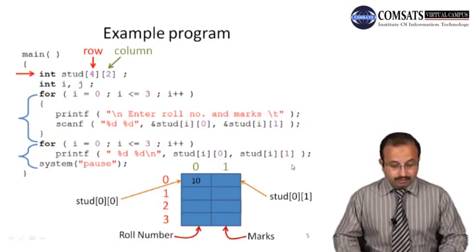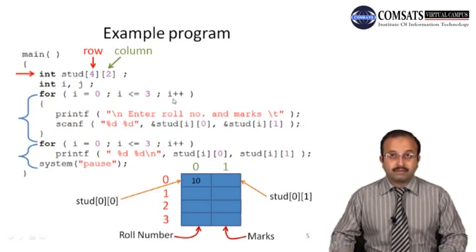Then the value of I will be incremented, the condition will be checked, and the value of I will become 1, the condition 1 less than or equal to 3 is true. So again it displays the message enter roll number and marks. Now this time we are going to store the value at STUD[1][0] and STUD[1][1].